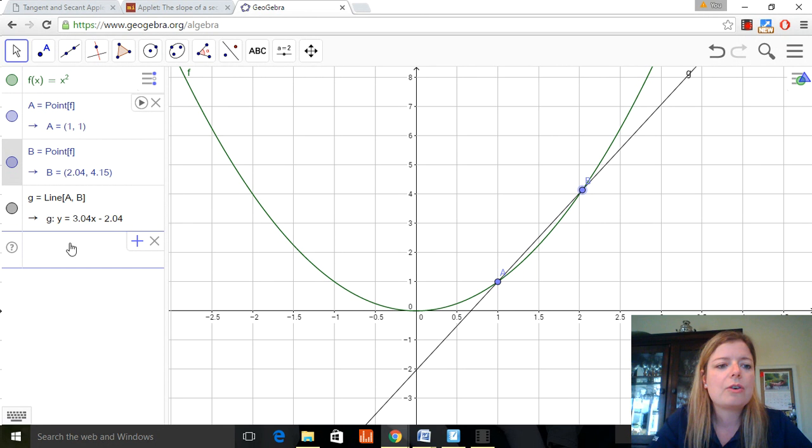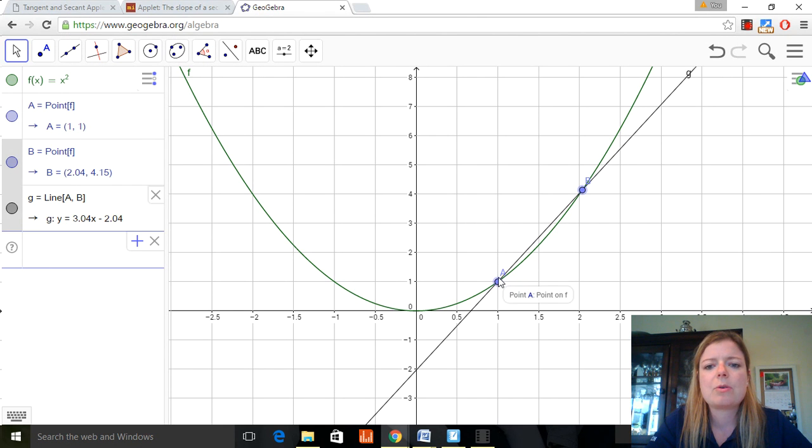So if you take a look over here, I have the equation of this line in y equals mx plus b form. So if you take a look at the m, which is the slope, that is actually the same as the rate of change. So this line here is called a secant because it connects 2 points on the curve.